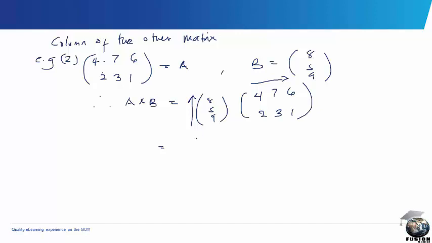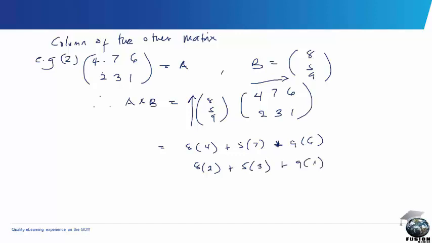For the first column you have 8 times 4 plus 5 times 7 plus 9 times 6. And then for the second column you have 8 times 2, plus 5 times 3 and plus 9 times 1.